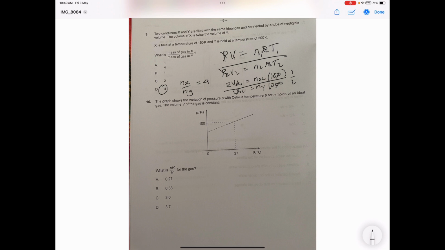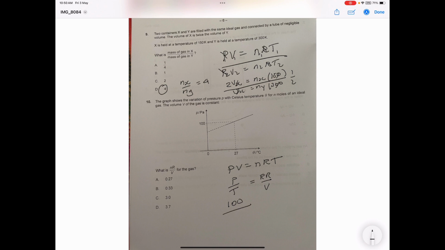Number 10. Maybe this is one of the easier questions. So we know PV is equal to nRT. Therefore, nR all over V is equal to P all over T. So looking at the question now, we know P is equal to 100.